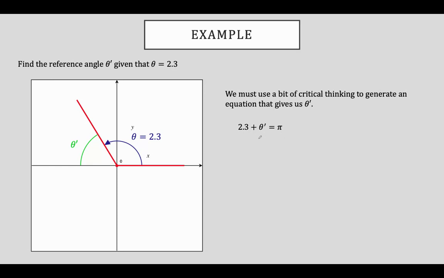And now all we have to do is complete the algebra to solve for theta prime. That means subtracting 2.3 from both sides of the equation. Theta prime is equal to pi minus 2.3. And if you plug that into your calculator for a decimal approximation, we're talking about approximately 0.8416 radians.